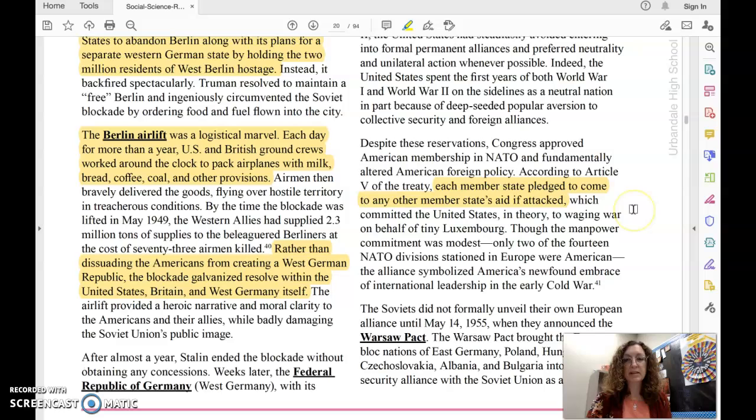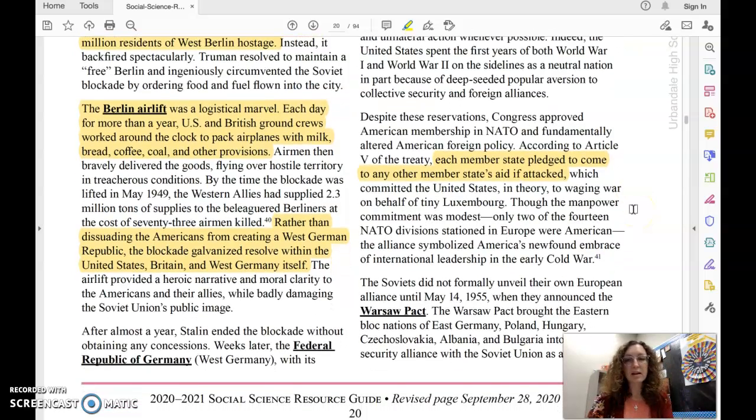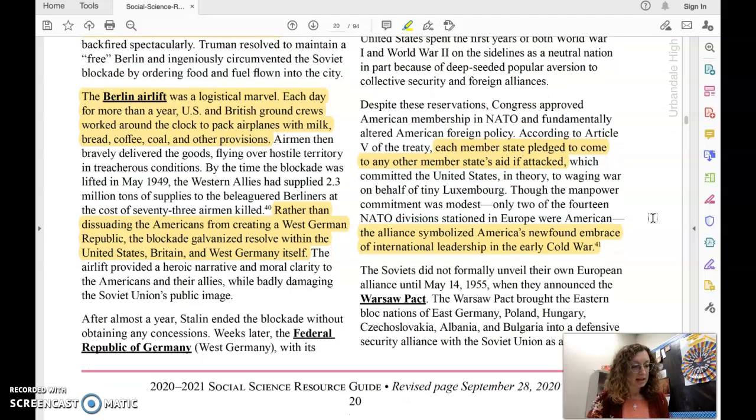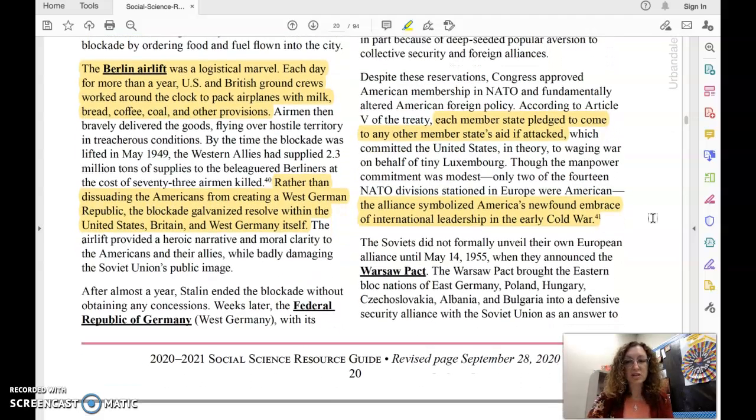Each member state pledges to come to the aid of any other member state. This has ended up in the United States situation kind of being a lopsided agreement, because the United States commits to coming to the aid of countries that may or may not even actually have much in the way of strategic importance to the United States. America is now very formally involved in global politics.